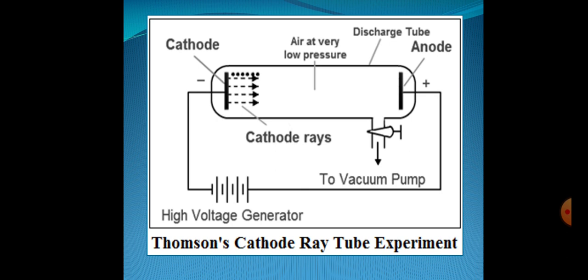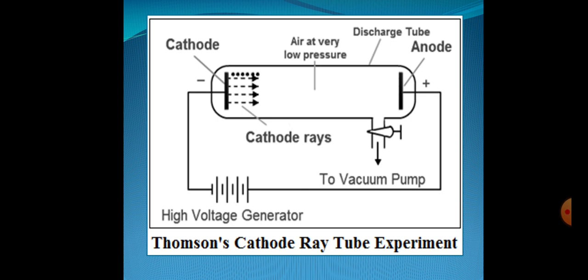A ray was passing from one end to the other. So these rays were called cathode rays. If you want to define, then cathode rays are a stream of electrons leaving from the negative electrode in a discharge tube containing gas at a very low pressure.